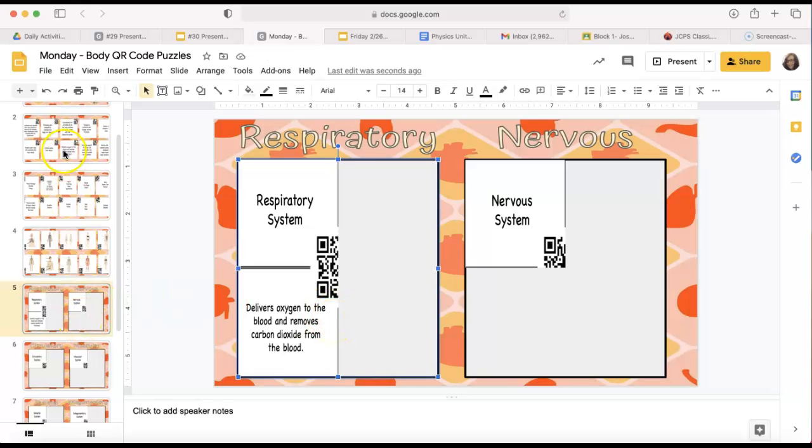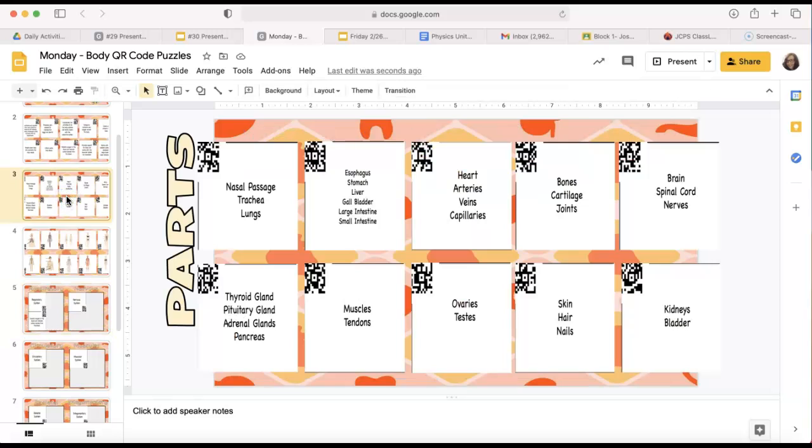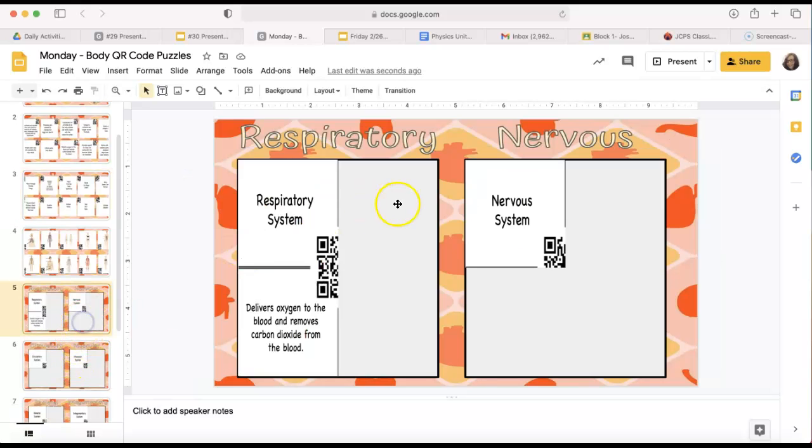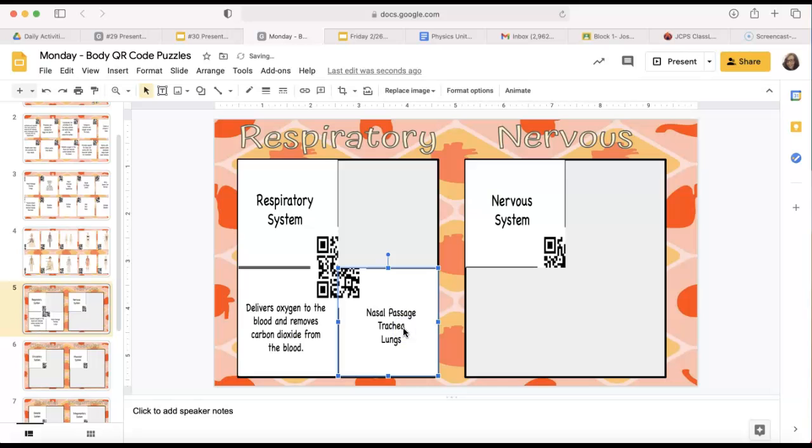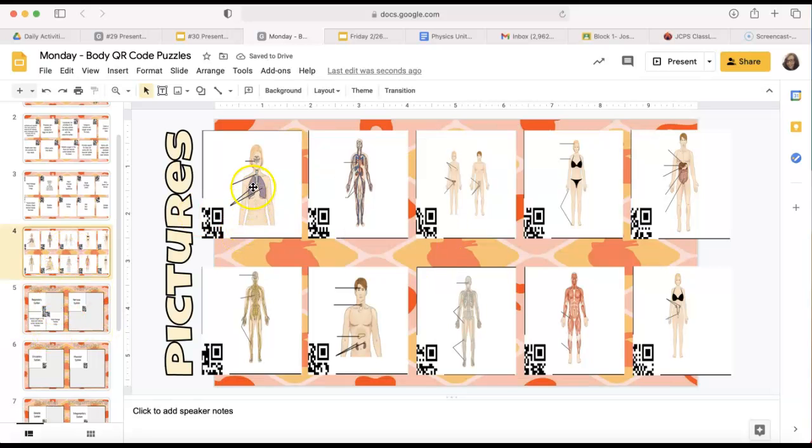Now I'm going to go to the different body parts and find the body parts of the respiratory system. That's definitely going to be the one that has your nose, your trachea, which is your breathing tube, and your lungs. So I'm going to copy that, paste it in. This will obviously go down here. And now I need my picture of the respiratory system. So that was easy.